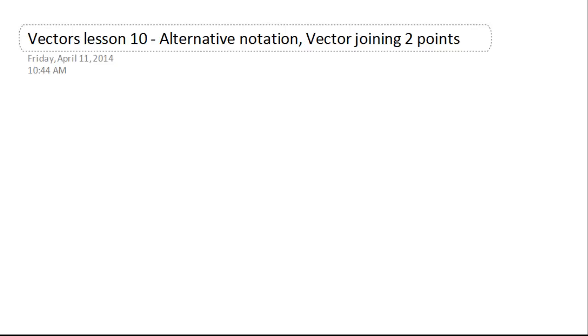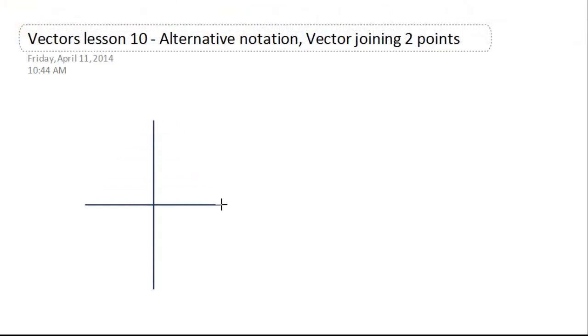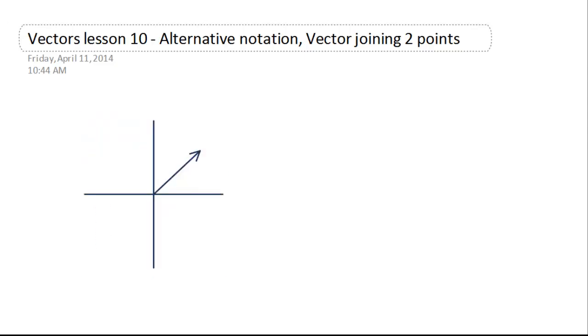Today I want to talk about a different kind of notation for specifying vectors. So far we have learned that if we have a vector, let's say it starts at the origin and goes to a point on your Cartesian plane.